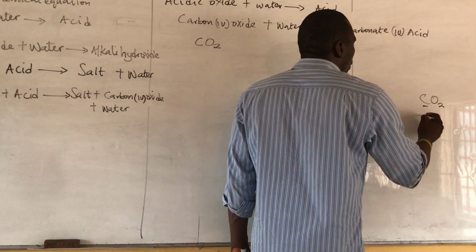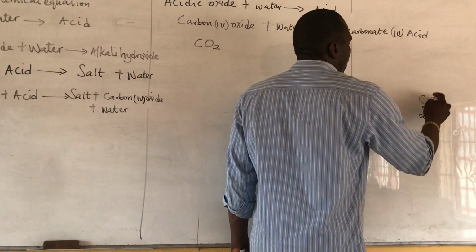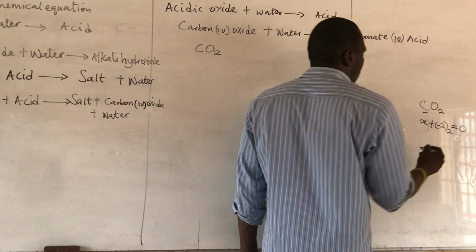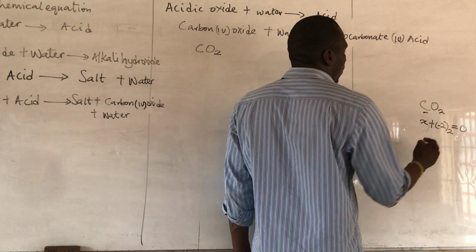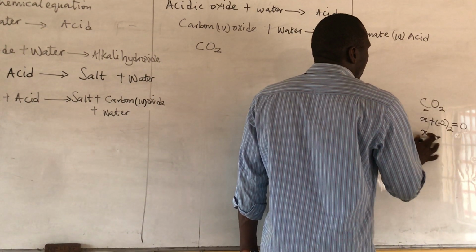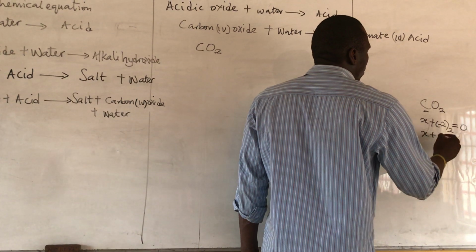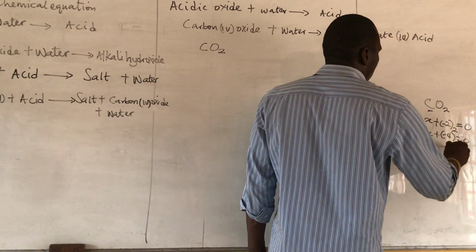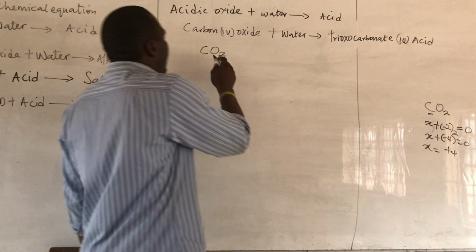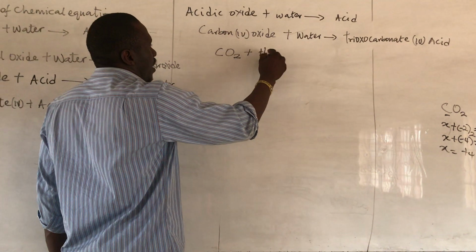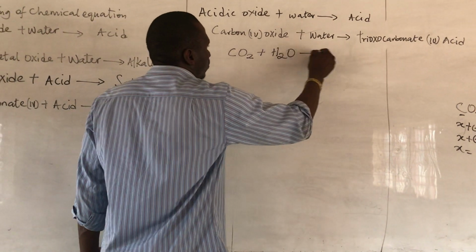Make your carbon unknown, X. Valency of oxygen -2 times 2, plus X, equals 0. Make everything equal to 0. Make X the subject of the formula. -2 times 2 gives us -4. X equals +4. That is how we have carbon 4 oxide.